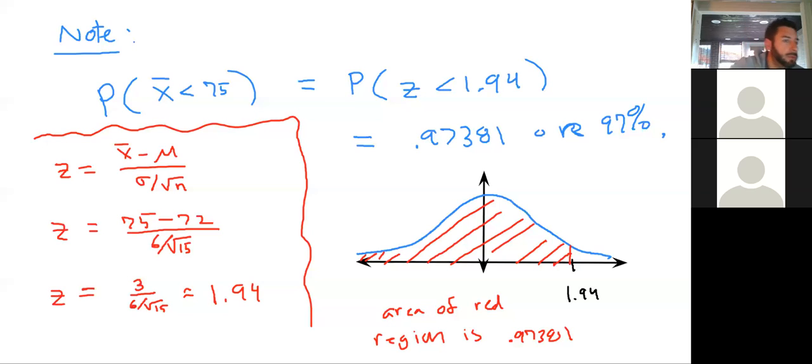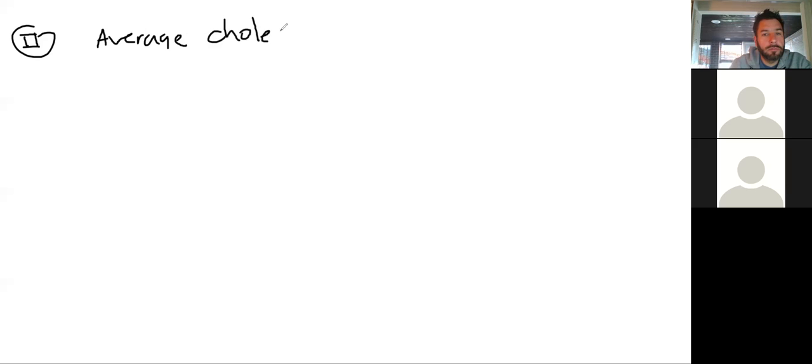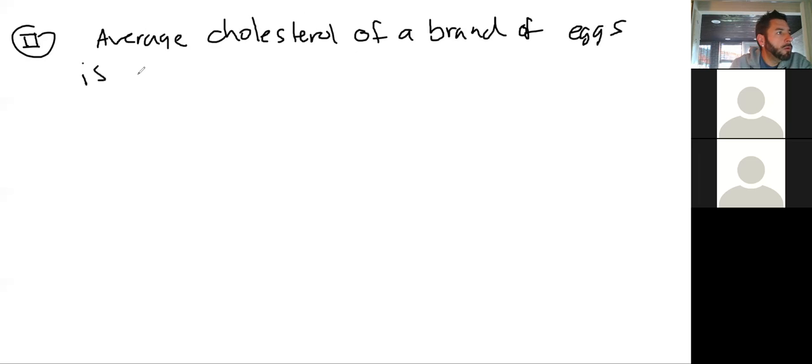All right, let's do the next one. So the next example, I'm not going to write all the details down, but let's say the average cholesterol of a brand of eggs is, let's say, 215 milligrams.